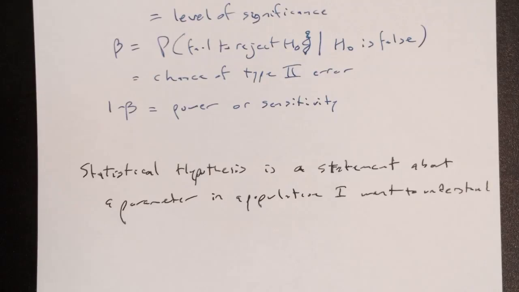A statistical hypothesis is a statement about some parameter in my population that I want to understand things about. So I could be asking you about the mean of something, or the variance of something, or the proportion of something. Most common tests are about mean and proportion. So we'll focus on those.